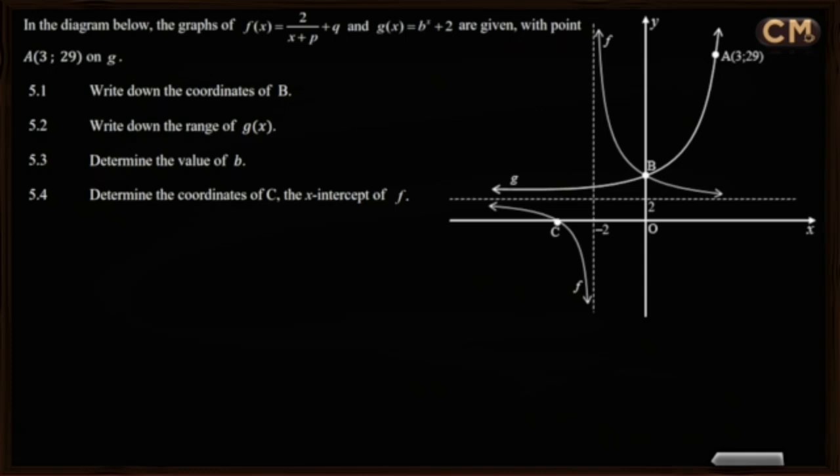They want us to write down the coordinates of B over here. Remember, they're telling us to write it down. Now, first things first, B is a point on both G and F, but we're going to take G. If you want to figure this out, we can see that 2 is the horizontal asymptote as displayed by the q value on the graph, as well as the q value within the defining equation for G, which means this is just going to be 1 unit up, and those coordinates are 0 and 3.